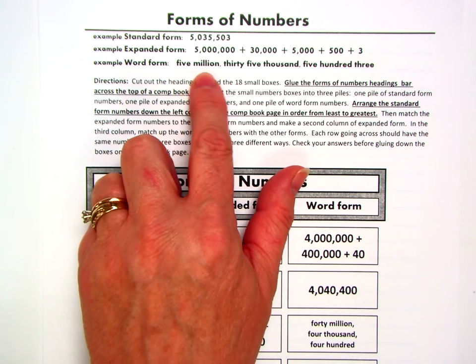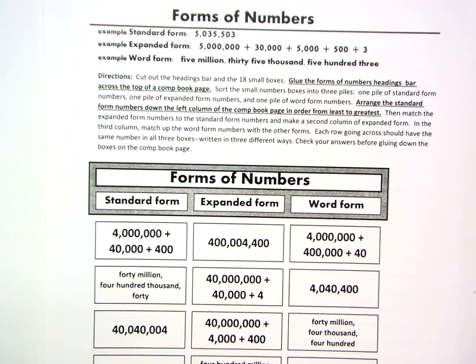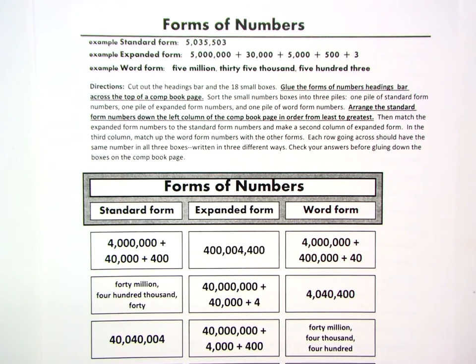Word form, notice that it has a comma after each period is read out loud. If you are still confused about how to write standard form numbers in expanded form or word form, please go watch the videos that I posted previously about expanded form and word form.